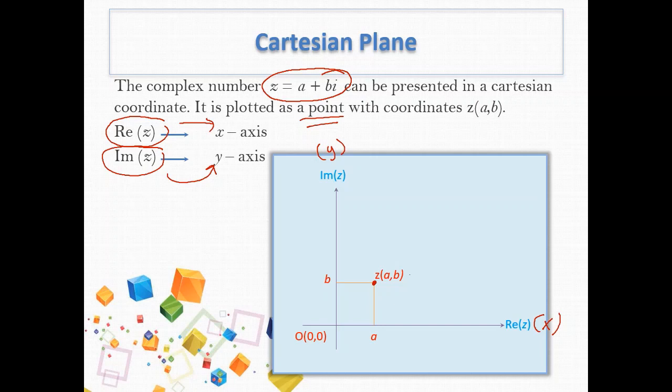This is actually equivalent to a plus bi, where a is the real part of the complex number, and b is the imaginary part of the complex number.